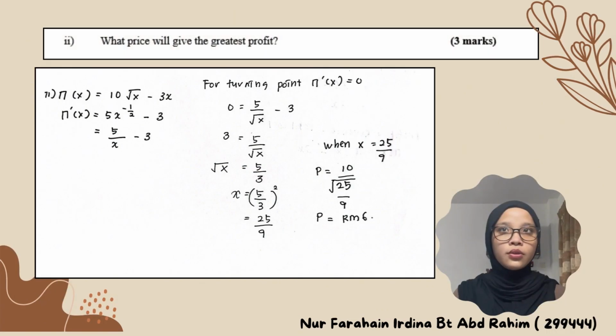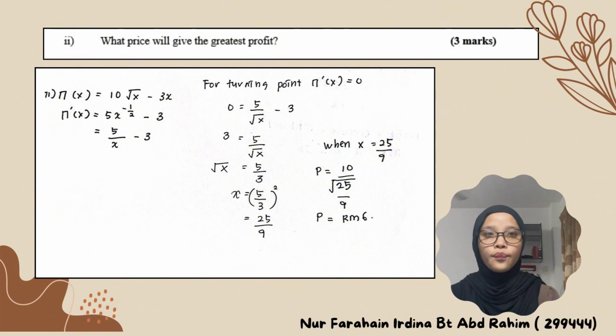What price will give the greatest profit? We have the profit function, and we need to differentiate it. So we get 5 divided by the square root of x minus 3. To get the greatest profit, we need pi prime of x equal to 0.